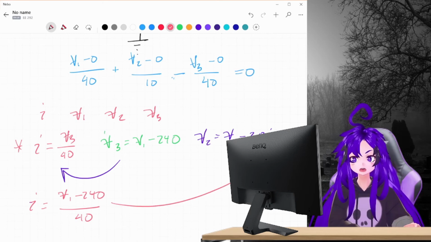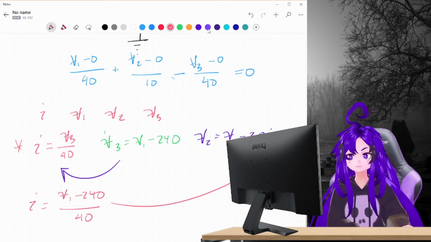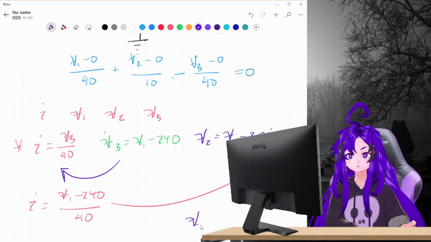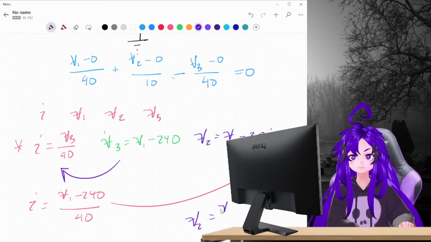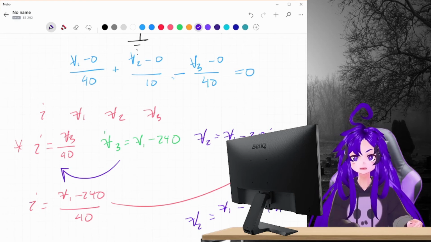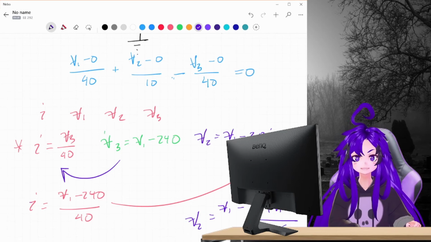And so V2 becomes V1 minus 20 times V1 minus 240 over 40. And that's 2, and that's 1. Yeah.